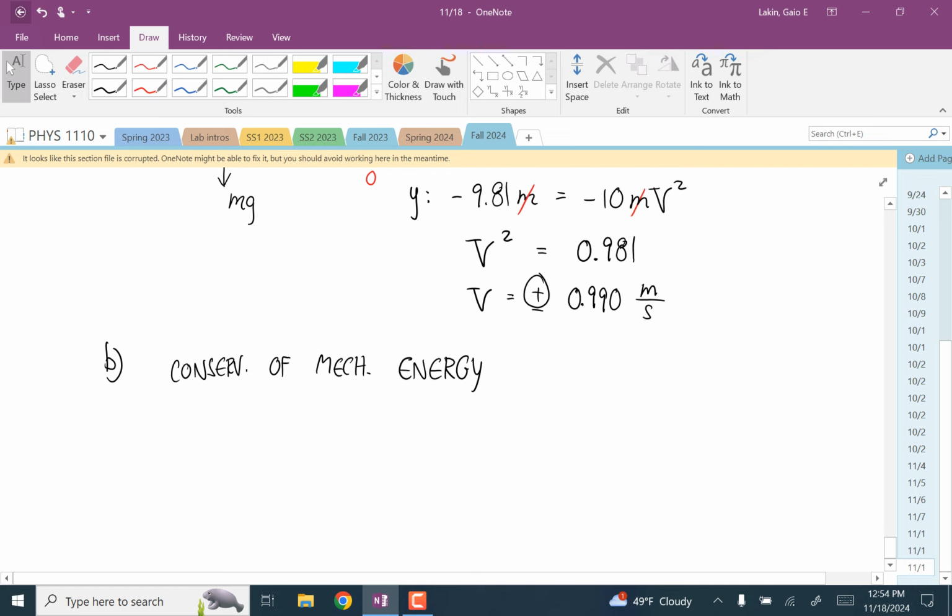What do you want to use as our height equals 0? The two reasonable choices would be either the center of the circle or the lowest point. I guess I'll choose h equals 0 to be the lowest point.